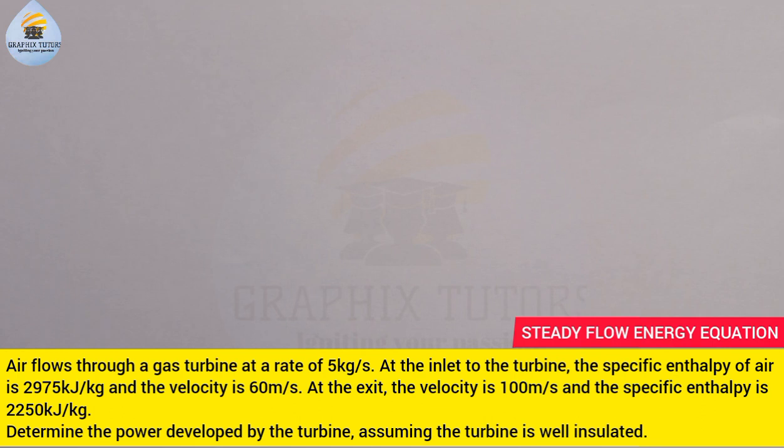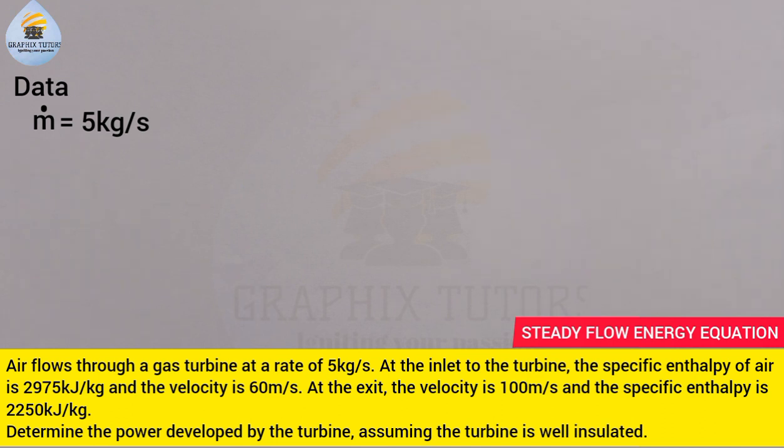Now, in this kind of question, the first thing you have to write is your parameters, right? The first thing here is the mass flow rate. We are told that the mass flow rate of the gas turbine is 5 kg per second. So when the air flows, it flows at a rate of 5 kg per second.